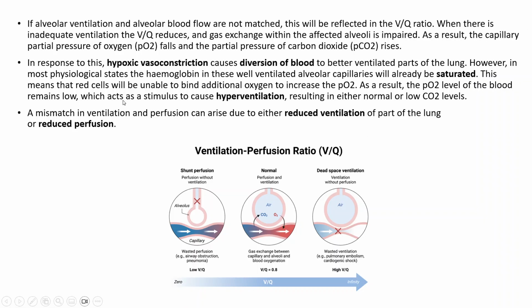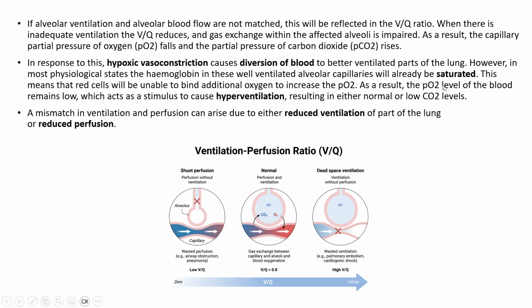So in most physiological states, hemoglobin in these well ventilated capillaries will already be saturated, so there's only so much the body can do. Because you cannot suddenly increase the amount of red blood cells and hemoglobin in your body to compensate for this kind of fall in PO2 and increase in PCO2. The red blood cells will only be able to do so much to improve binding of additional oxygen.